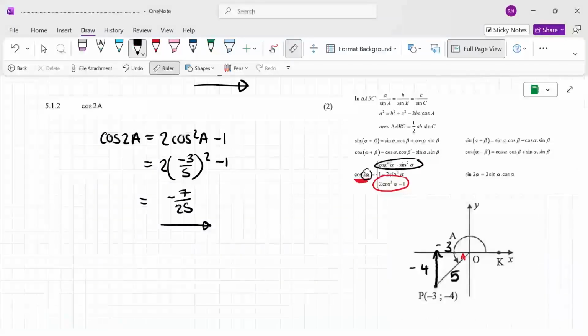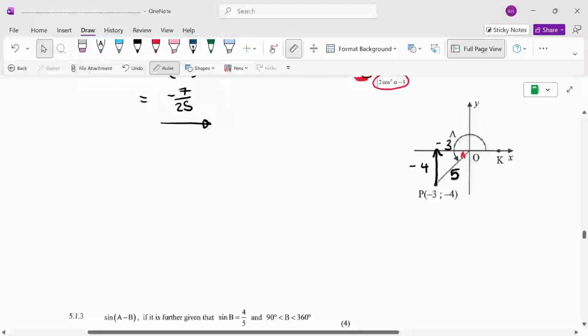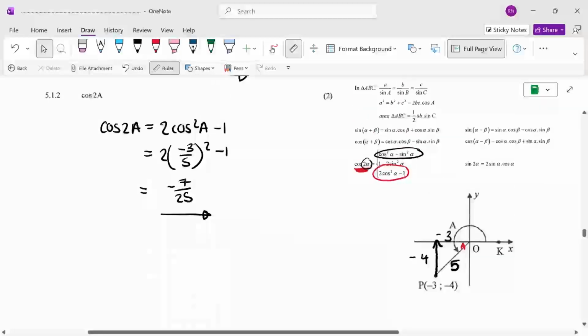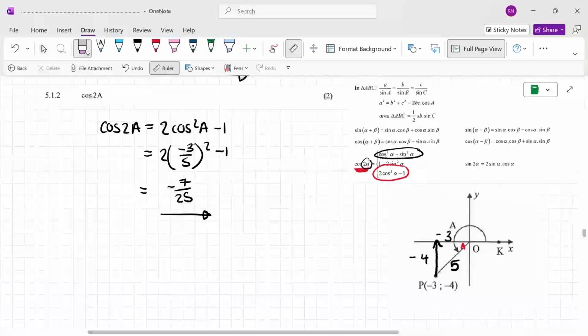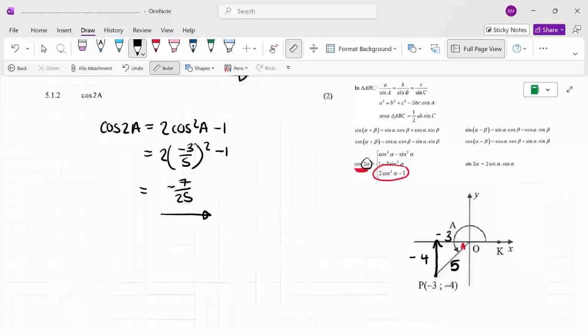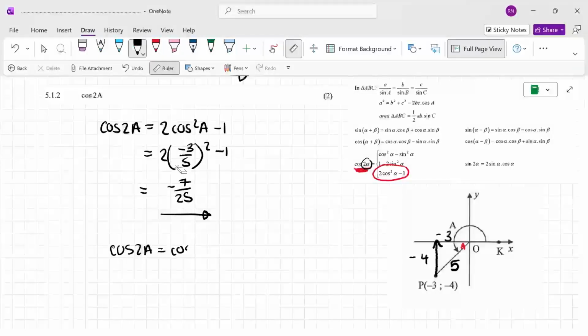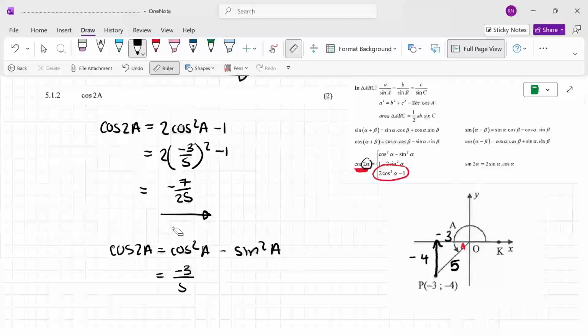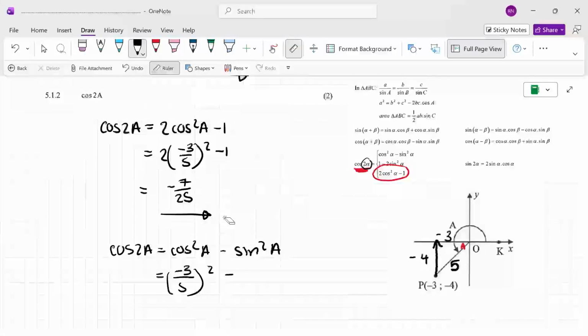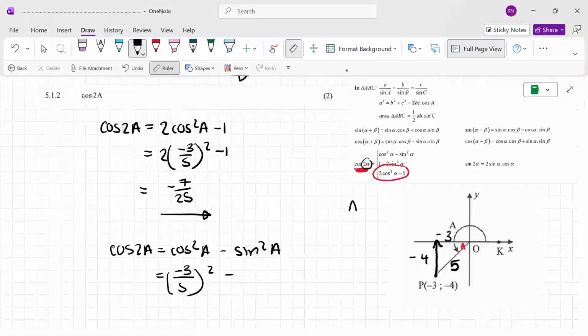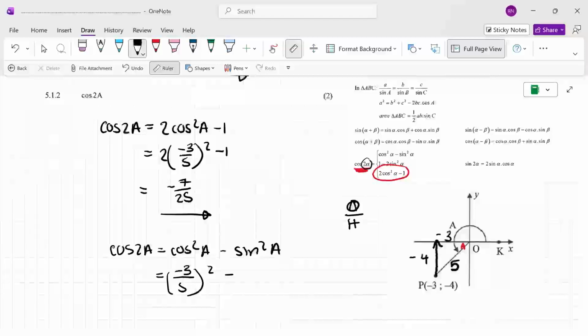Okay, but you could have used this one. Let's see, there's the next question. Okay, the next question has something else. But let's try, just to show you that any of them could have worked, this first one, cos squared alpha minus sine squared alpha. So we can write cos 2A as cos squared A minus sine squared A, right? We have cos A as -3/5, and I'm going to square that, minus sine, which is opposite over hypotenuse.